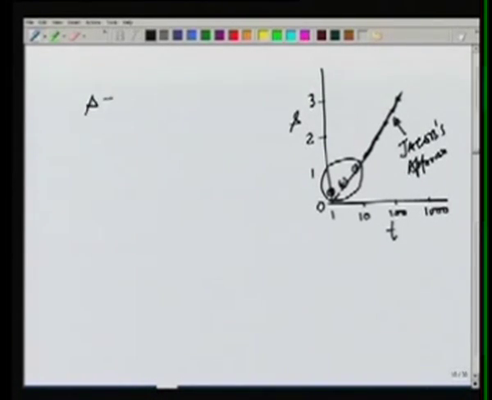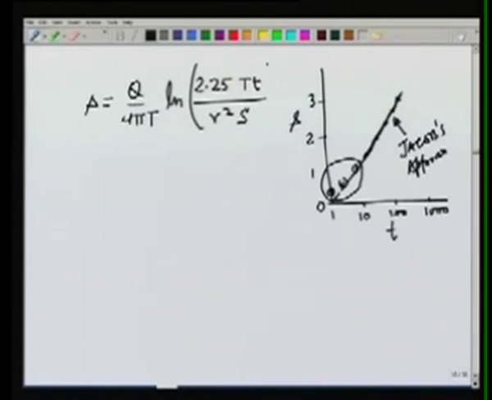So let's write it again, the value of S in terms of ln(t). Now if we take the slope of this straight line, which is dS over d of ln(t), it would give us q over 4 pi T. We are assuming that r is constant, so we are using data from a single well.